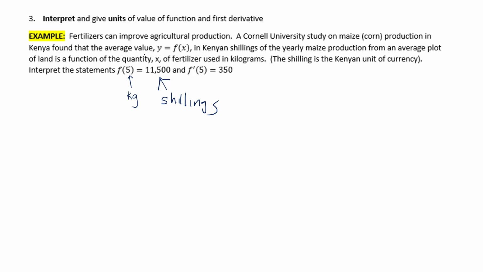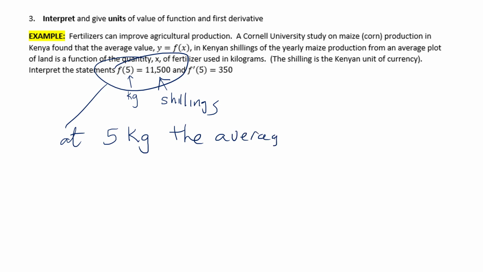So in other words, this is a value which basically says at 5 kilograms, the average is 11,500 shillings. All right, now here's the important part, because most of you are fine with that.